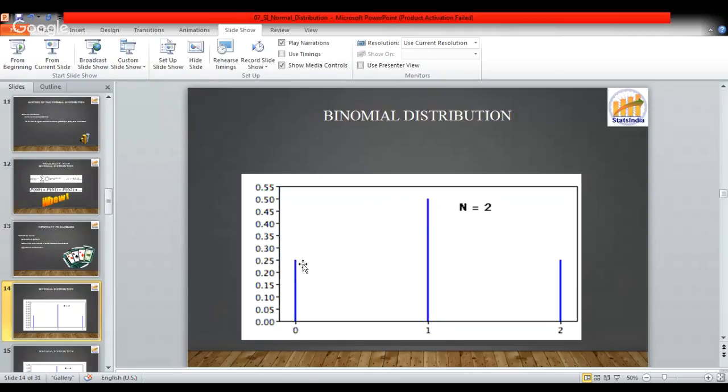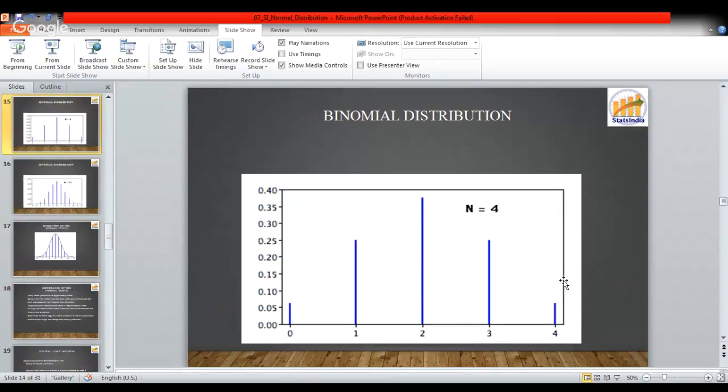Here we can also see that if we toss two coins, the probability of getting 0 heads, that is 2 tails, is 1 by 4, and 2 heads is also 1 by 4. Now suppose we increase from 2 to 4 and toss 4 coins, then there are 5 possibilities. We can have all tails or all heads.